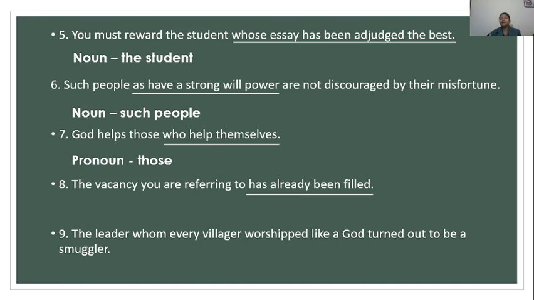And here the word that is omitted. I told you this rule that wherever the relative pronoun or adverb is found unnecessary, that can be omitted. So the same rule has been followed in this sentence. And to which word is this adjective clause modifying? The vacancy. So my noun is the vacancy.